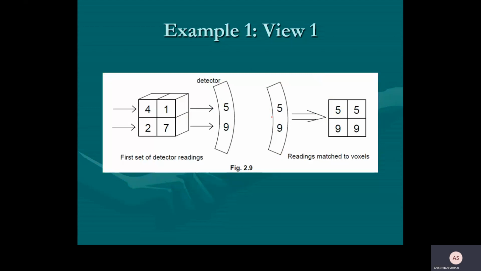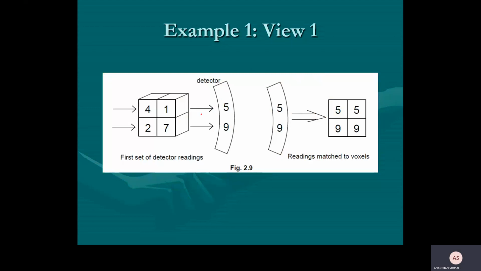In CT scan, the computer breaks your body part into voxels, and each voxel has a pixel value, the intensity it absorbs. In the exam, they will ask you to calculate this pixel value.